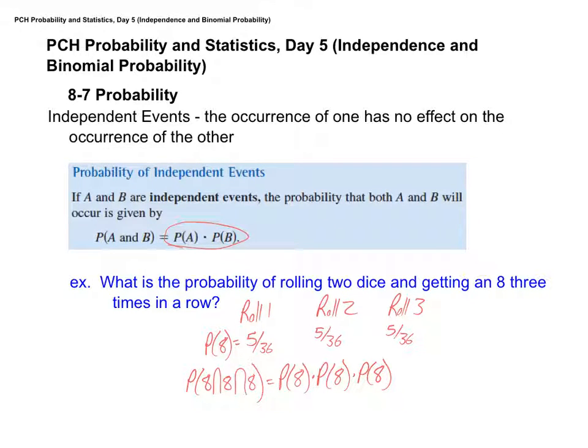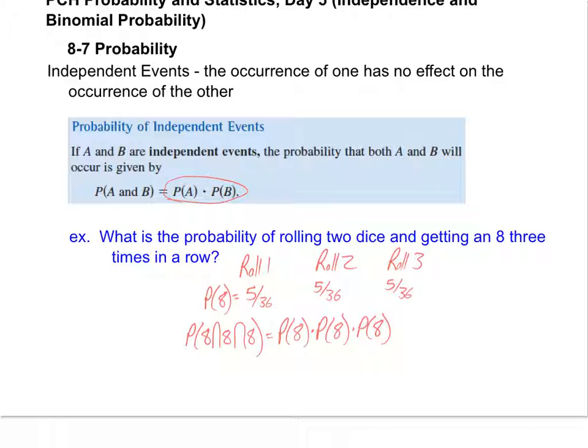Now we have 5 out of 36 times 5 out of 36 times 5 out of 36, which is just 5 out of 36 cubed. And what do we end up with if we do that? 125 over 46,656.